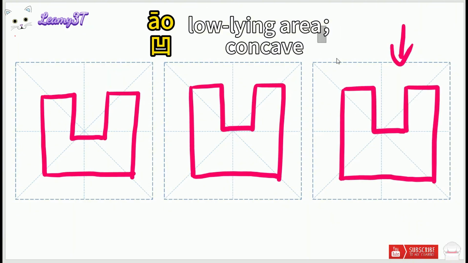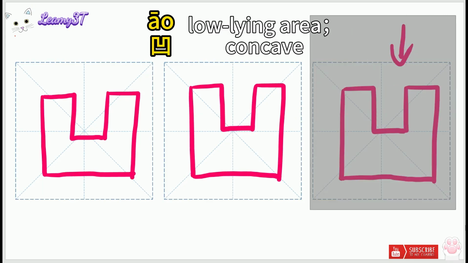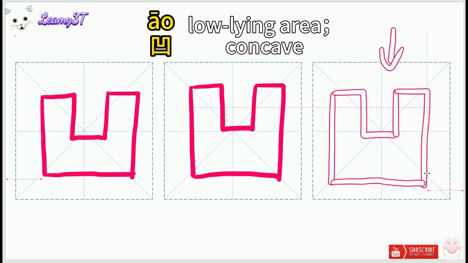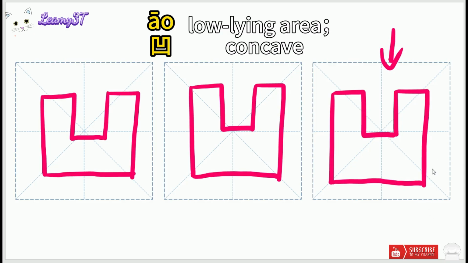So maybe let me try if I can put it in the middle. Yes, now it's actually better.